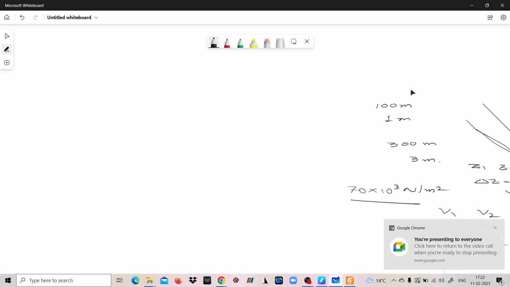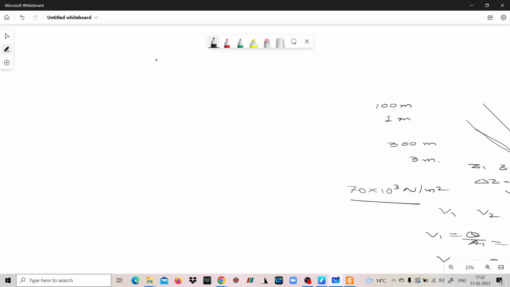Let us see. P1 by rho g plus V1 square by twice g plus Z1 is equal to P2 by rho g plus V2 square by twice g plus Z2.